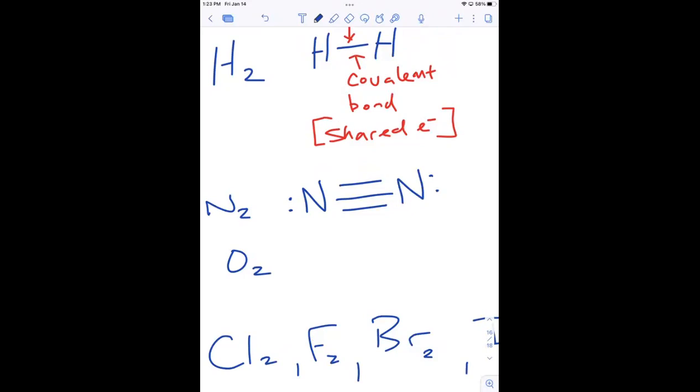So when we look at nitrogen, it has three bonds between the two atoms. This is what we call a triple bond. There are three covalent bonds between those two nitrogen atoms. And when we start drawing Lewis forms, I'll show you how that works, because the way you know how many bonds to put is you have to know how many valence electrons are available, or how many electrons are in the outermost shell of an atom.